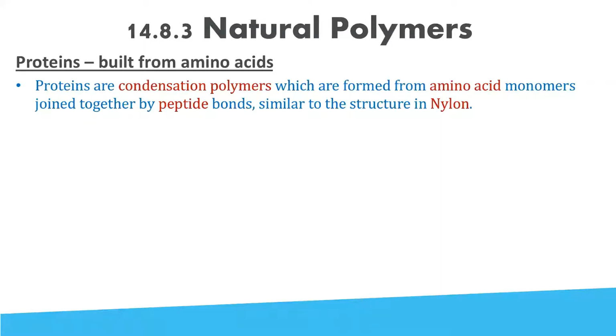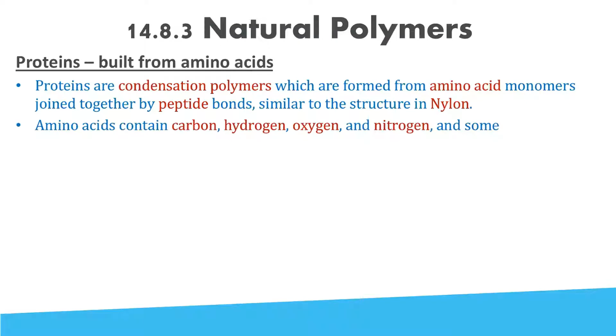Now we discuss proteins. We know proteins are made from amino acids, so the monomer is amino acid. They are called polypeptides because they have peptide linkage, just like nylon, or another name, amide linkage.